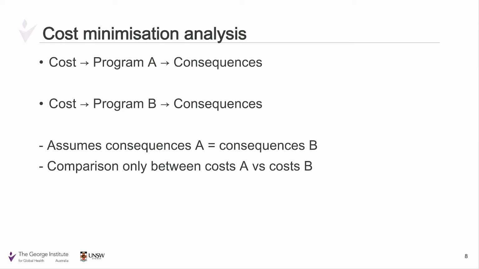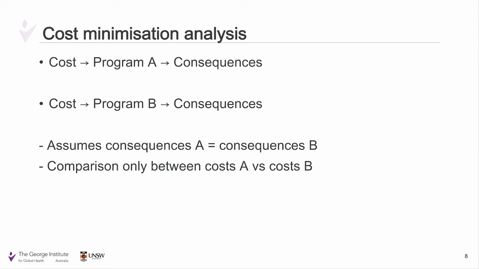So you can see here we've got program A and program B, and going into both are costs and coming out are consequences. The feature of cost minimisation analysis is that it assumes the consequences of A are equal to the consequences of B. So it means that the outcomes of A and B are equal, and therefore all we have to do is compare the two in terms of costs.